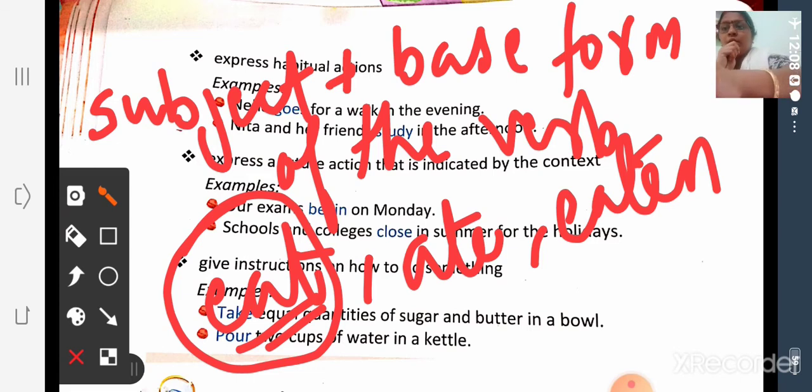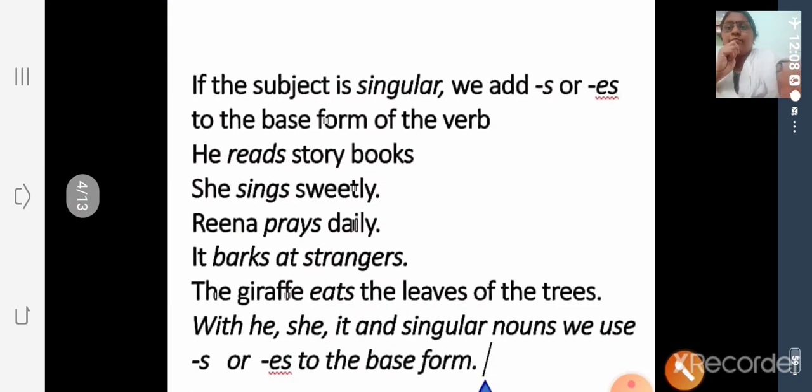Now one more thing you have to remember: if the subject is singular, we add s or es to the base form of the verb. Along with singular subjects and singular pronouns like he, she, it, we add s or es to the base form of the verb.